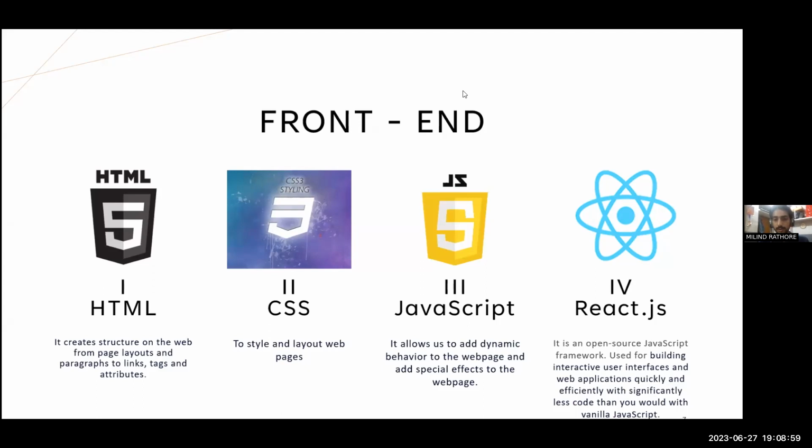It allows users to interact with web pages. It allows us to add dynamic behavior and special effects to the web page, and to add interactive elements that engage users. Without JavaScript, 90% of internet web pages would be static. And the fourth and last tool for the frontend is React.js. React lets us build a rich user interface easily.